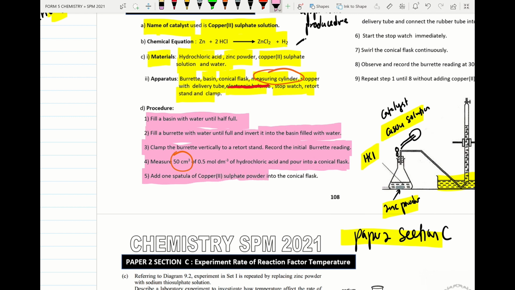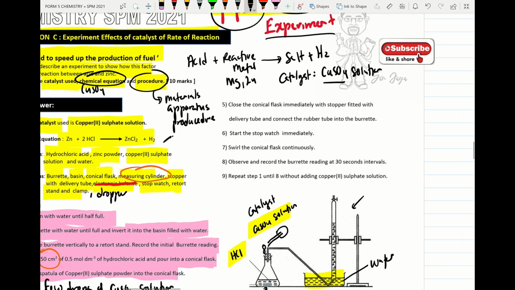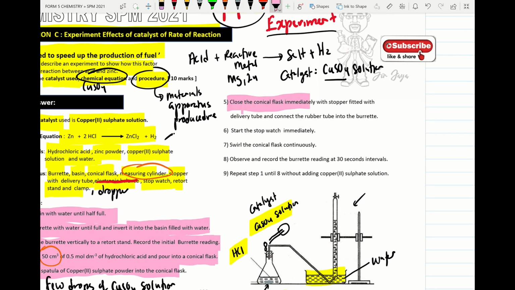Add one spatula of copper(II) sulfate powder, or we can add a few drops of copper(II) sulfate solution. If we add drops of solution, we need one more apparatus, which is a dropper.